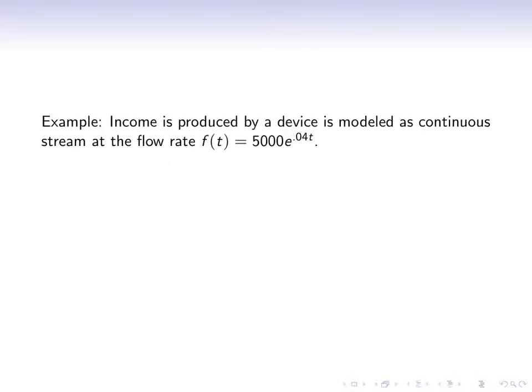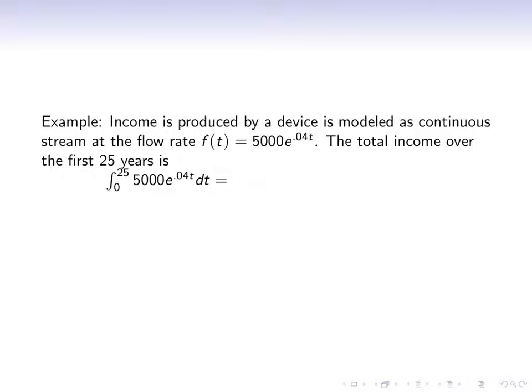So here's an example where the given flow rate is the function f of t equals 5,000 e to the 0.04 t. So the total income over 25 years is the integral from 0 to 25 of 5,000 e to the 0.04 t. That function there is just the flow rate, which is given.